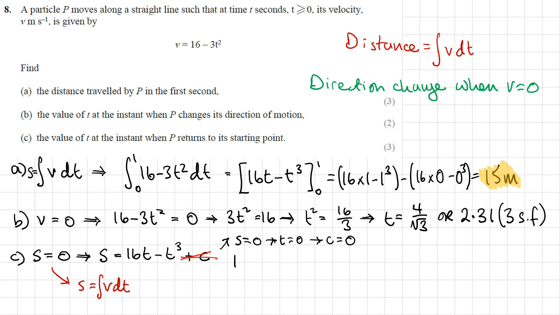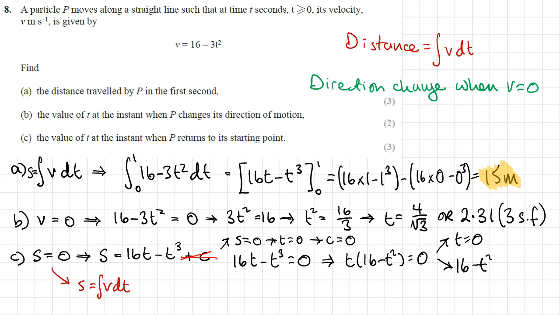So we'll have 16t - t³ = 0. We want to factorize that to solve it. So we've got t(16 - t²) = 0. So either t is equal to 0, well, that's when s is 0, we know about that, or it's when 16 minus t² is equal to 0.